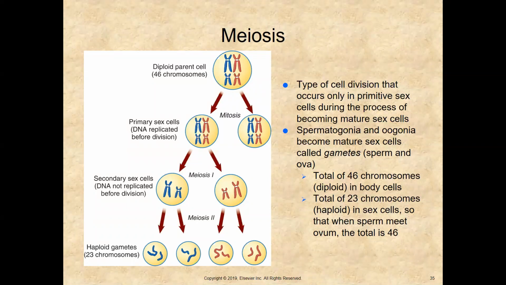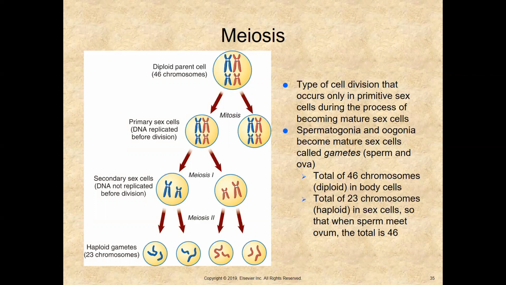And we call that the diploid cell. They have 46 chromosomes. And so the one source, either the ovum or the sperm, can only have half of those chromosomes.